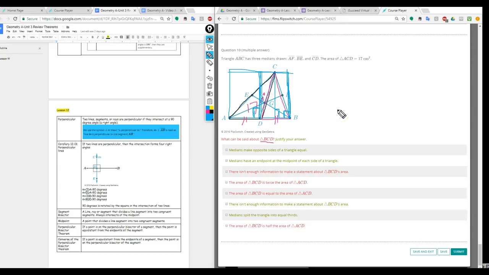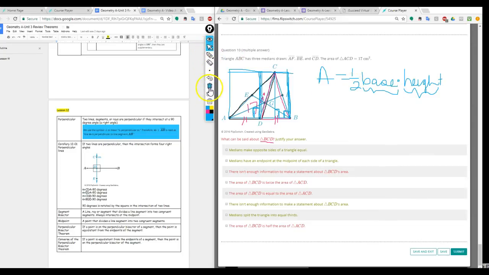And the reason why I'm pointing that out is because the area of a triangle is 1/2 its base times the height. So if these two triangles have the same height, then the only thing that we need to show is that they have the same base so that they would have the same area.